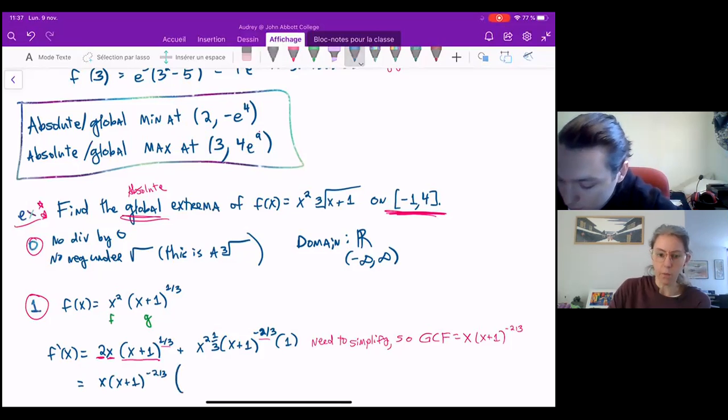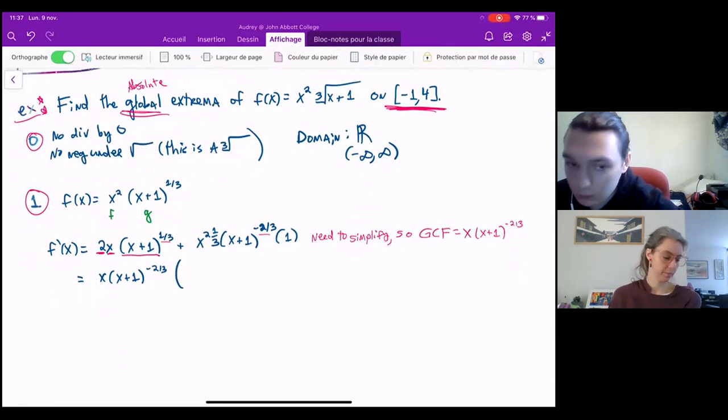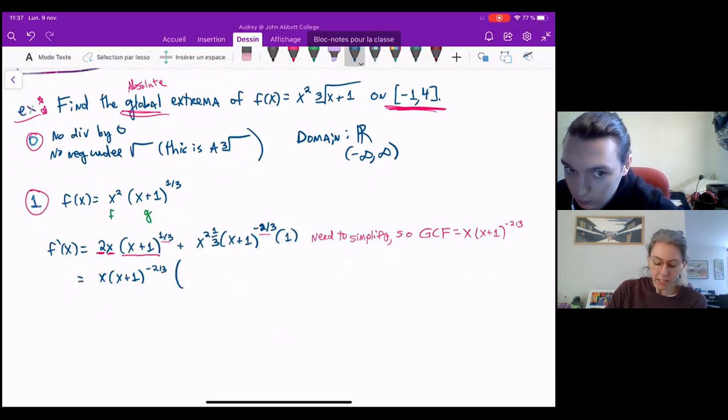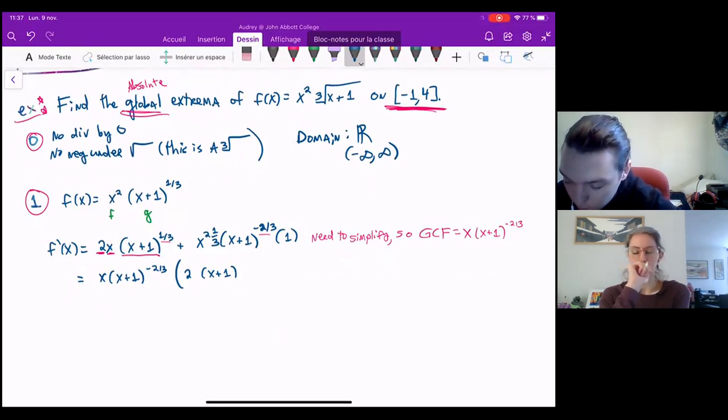And then I want to say, what did I not take away? Did I take the 2 away? No, that 2 is not part of the greatest common factor. Did I take all of the x plus 1s away? How many x plus 1s should be left here? You guys remember how to do this?